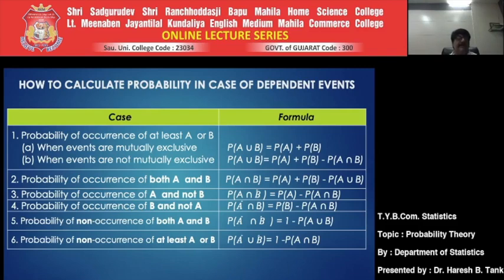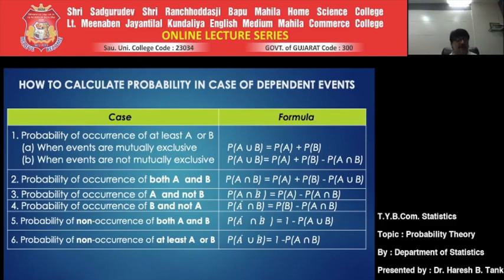In set theory approach, there is nothing common between those two events. So A intersection B will be null, or phi. So probability of A intersection B will be 0, and the formula reduces to probability of A union B equals probability of A plus probability of B.